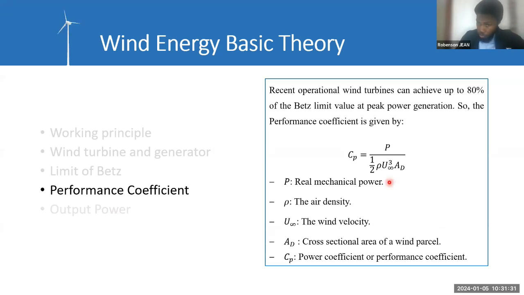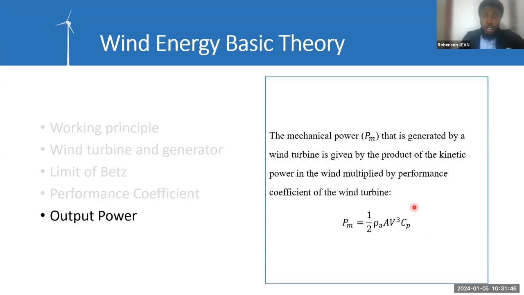This is the formula of the performance coefficient, or sometimes they say power coefficient. We take it into account in the formula of the output power of the wind turbine. The effective mechanical power generated by the wind turbine is given by the product of the kinetic power with the performance coefficient.